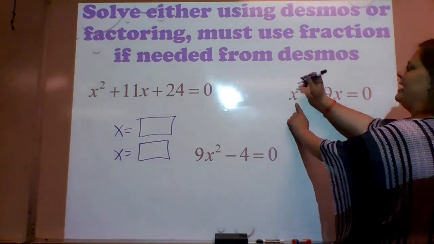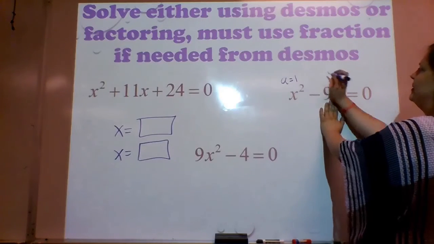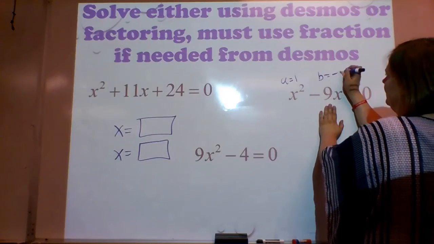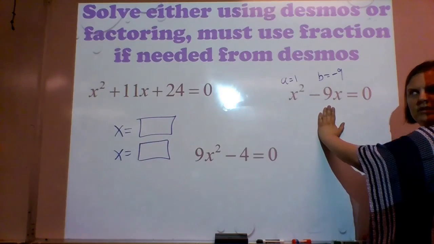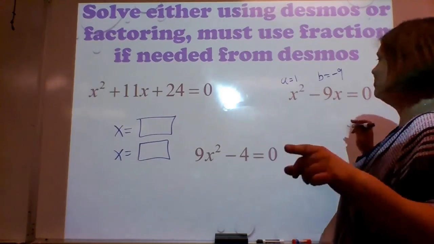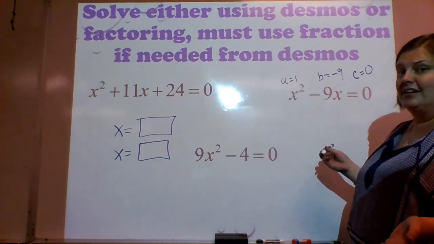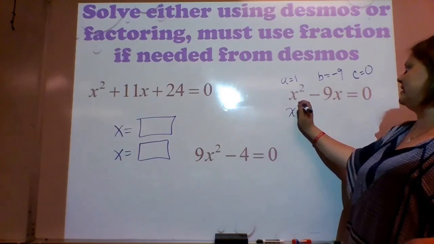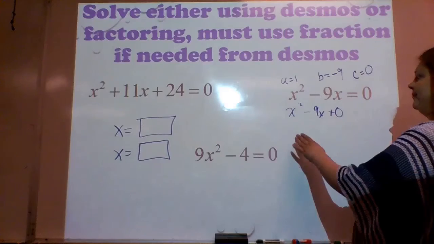I have an A equals 1 term here. This is B equals -9. What does C equal? If you said 0, you would be correct. It's not there. It's just not there. So I could rewrite this as ax squared minus 9x plus 0.